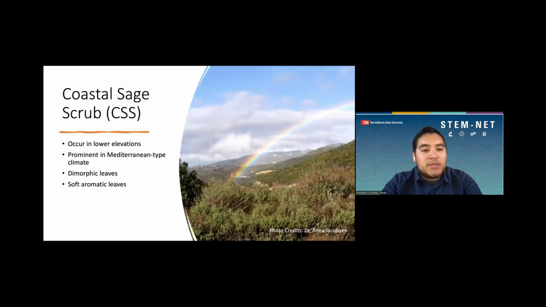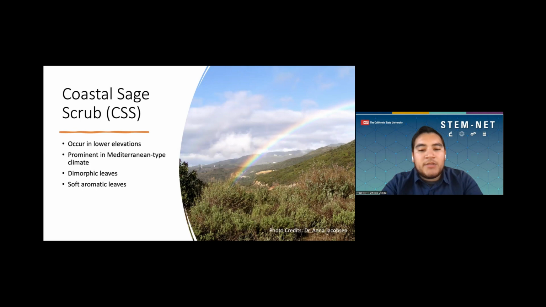Coastal sage scrub, on the other hand, is a different vegetation type, but it also grows alongside chaparral, and it also occurs in lower elevations, and it is prominent in the Mediterranean type climate as well. It differs from chaparral, however, in that its leaves are dimorphic, meaning that it sheds them seasonally, and they are also soft and aromatic leaves.